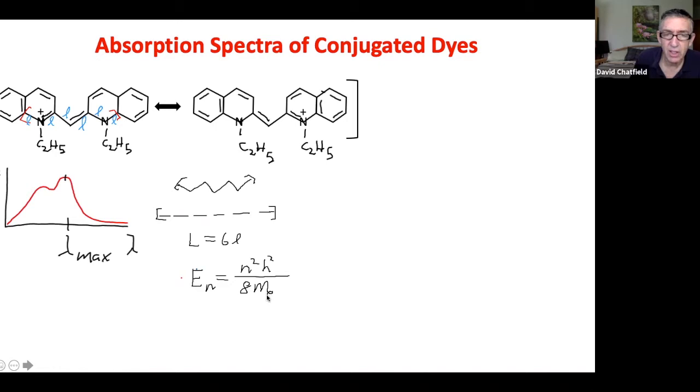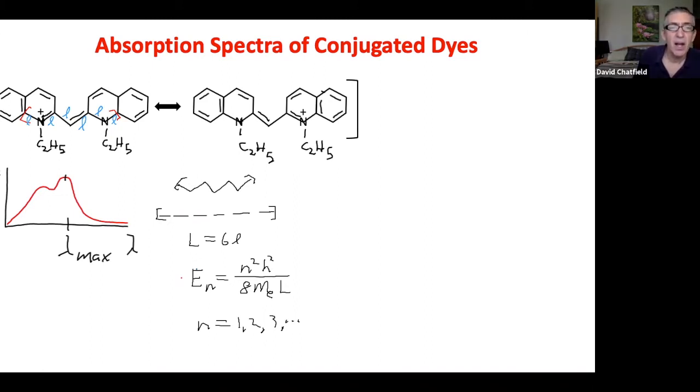In this case, we're talking electrons, so we can say m_e, times L. Notice we know everything in this equation, except perhaps n, but we know that n has different possible values. So how is that going to tell us about our lambda max? Because ultimately this will predict lambda max.